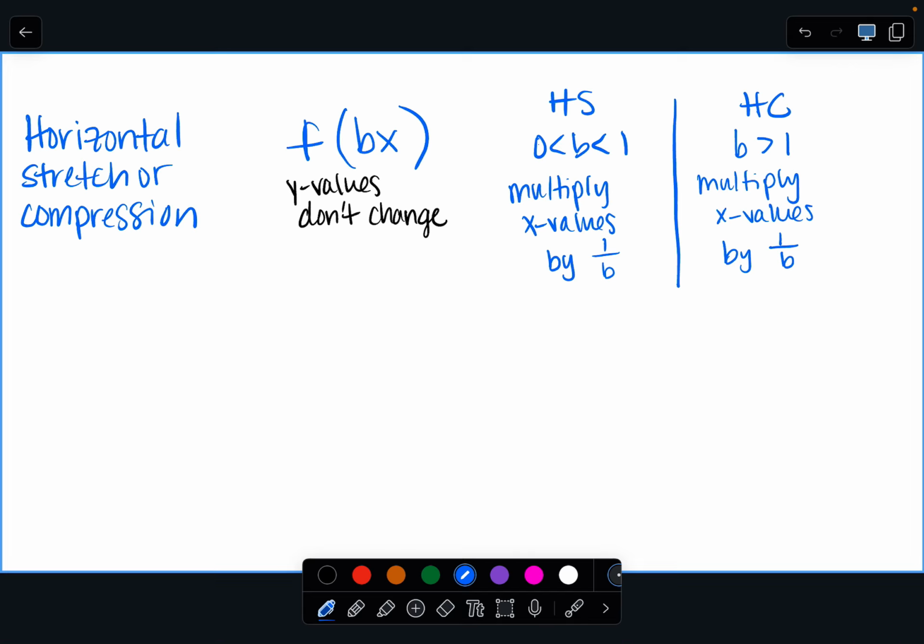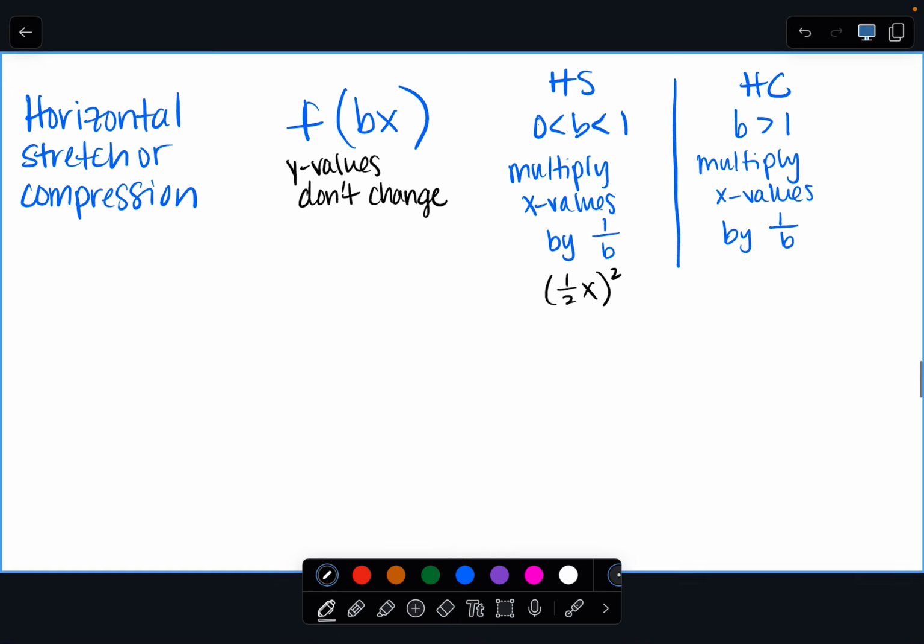Now, one little note here, because I don't want it to get too crazy when we look at the graphs. If I had the same function and there was a horizontal stretch, it would look like 1/2 x squared. So again, following the rules that we have, the horizontal stretch happens when the multiplier is a fraction on the inside. Notice I have a 1/2 on the inside of this quadratic function.